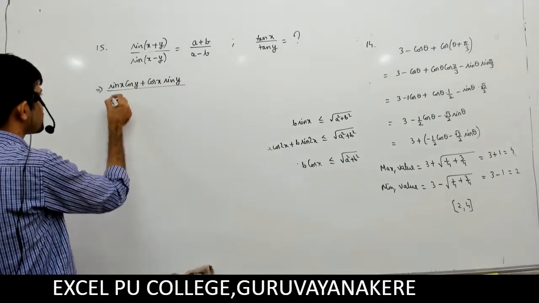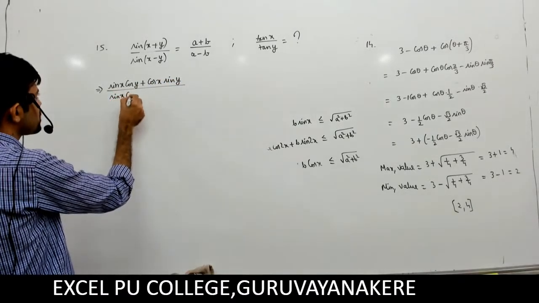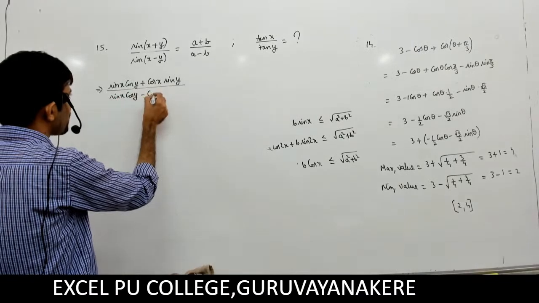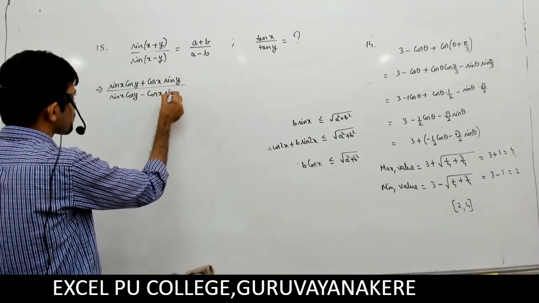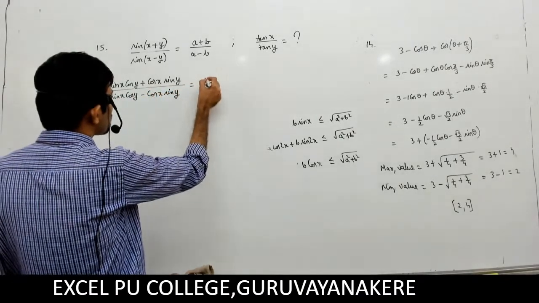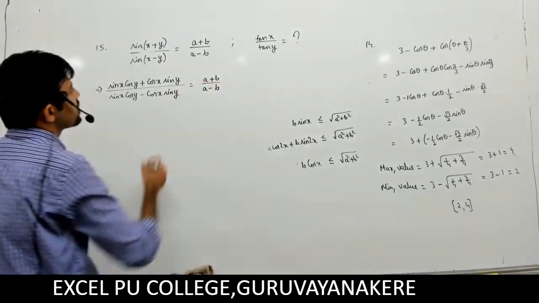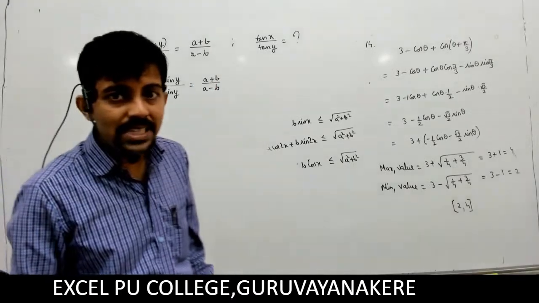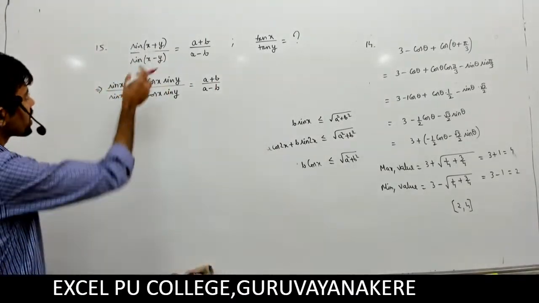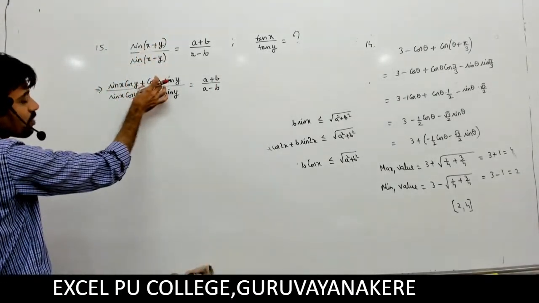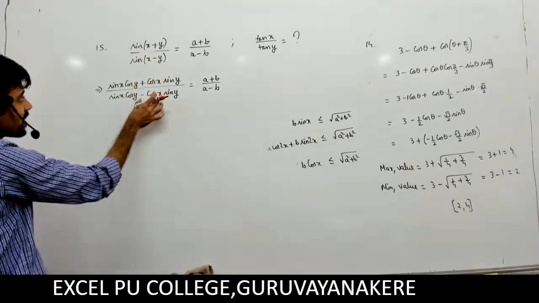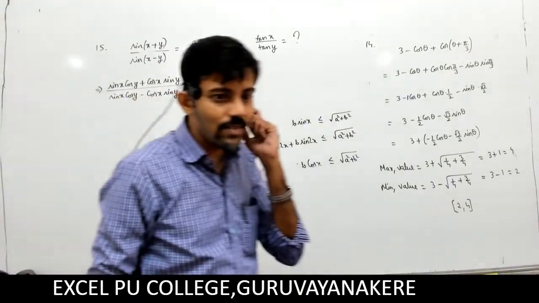Sin of x minus y is sin x into cos y minus cos x into sin y, equal to a plus b by a minus b. Right hand side you keep as it is. Left hand side numerator and denominator, expand it: sin x cos y plus cos x sin y over sin x cos y minus cos x sin y.